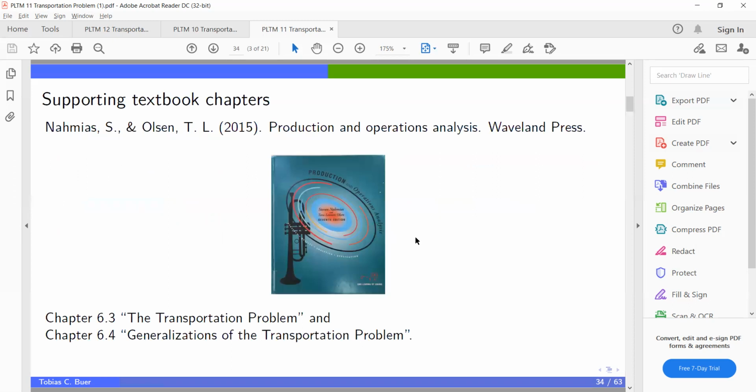Again, here we have a good description in the textbook of Namias and Olsen. This is also available via Moodle. And here the two chapters 6.3 and 6.4 are of particular importance. In particular, 6.3 is very important.